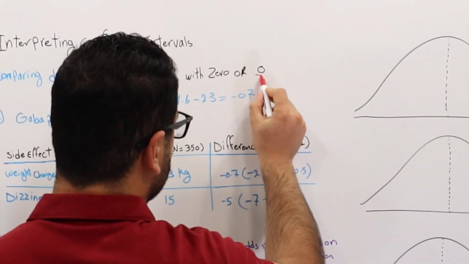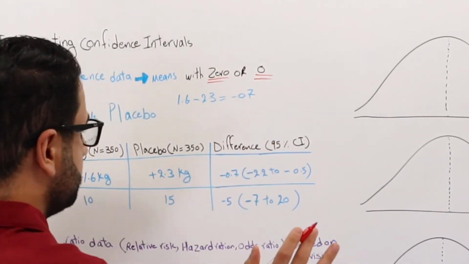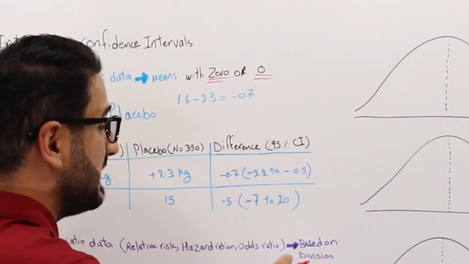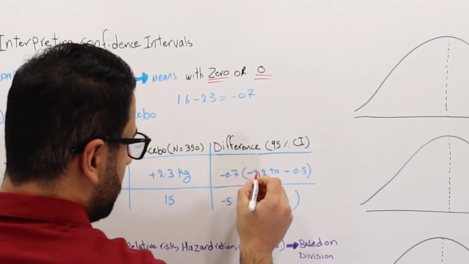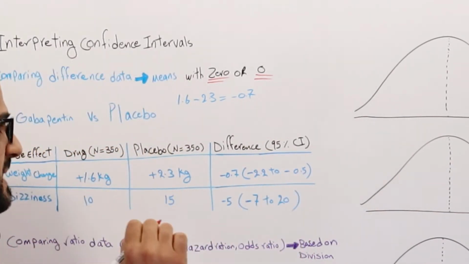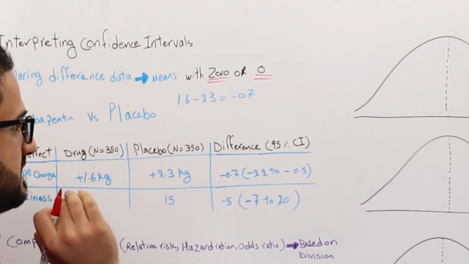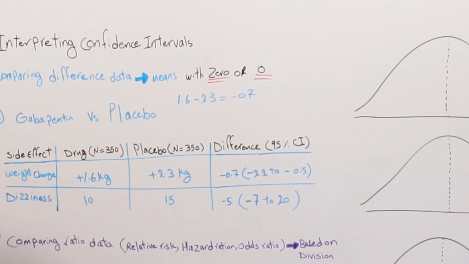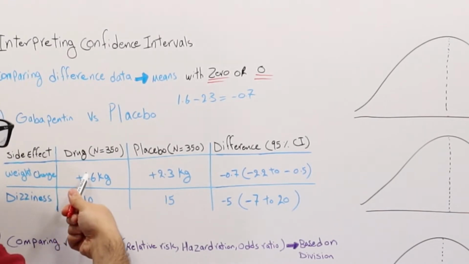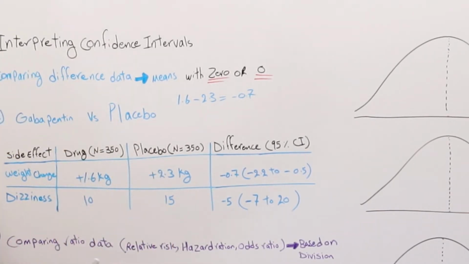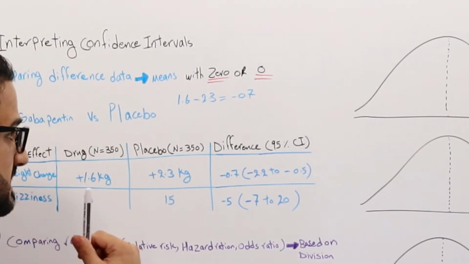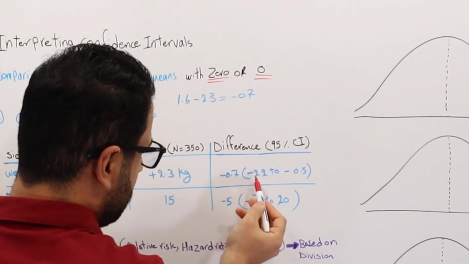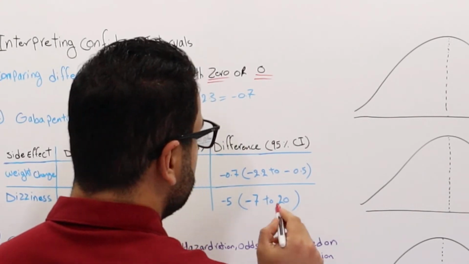Because if the range does include zero, it means it's not statistically significant. The comparison between the two is not significant. So the gabapentin would not be better than the placebo in this case. It would not be statistically significant if it does include 0. So here we see negative 2.2 to negative 0.5.